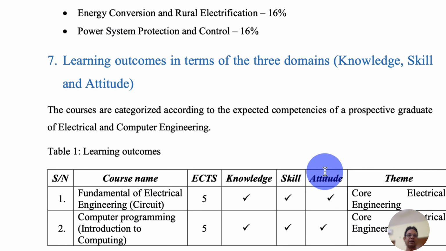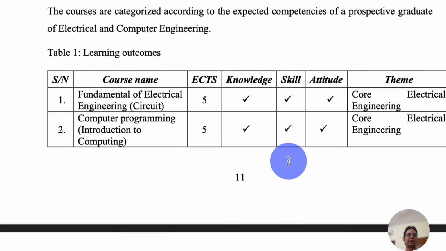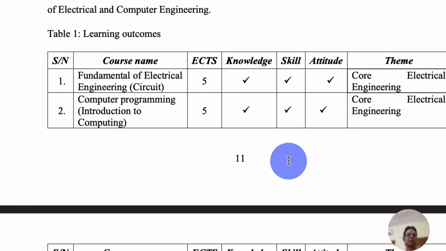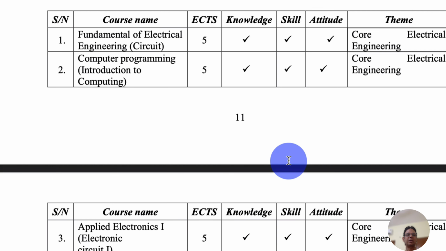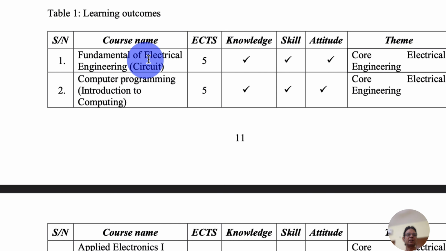Now we can see the learning outcomes. Learning outcomes means how much knowledge, skill and attitude a student can gain after studying these courses. That is highlighted in this table for all the separate courses. For example, for electrical engineering, the student can gain knowledge, skills and attitude.